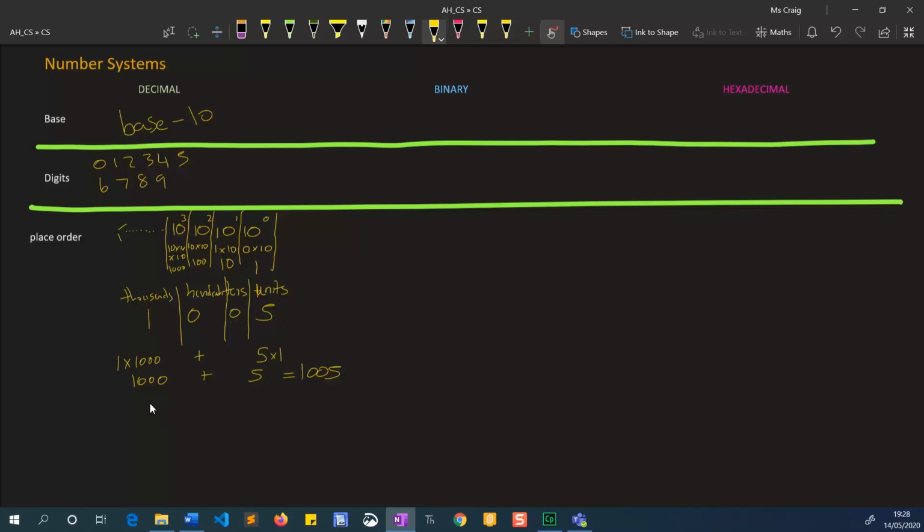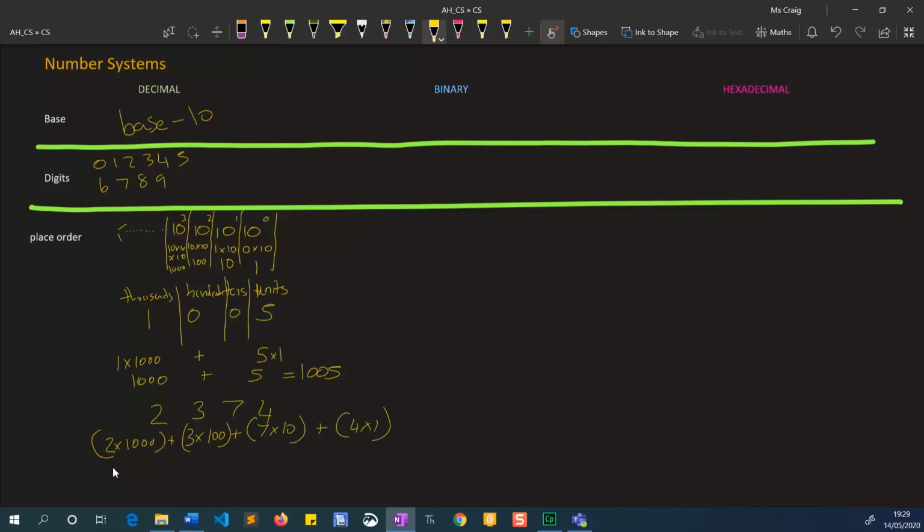If we take another number, for example, let's say 2,374. What's actually going on behind the scenes there is that's 2 times 1,000. Okay, I'm going to put it in brackets, plus 3 times 100, because this is the hundreds, plus 7 times 10 for the tens, plus 4 times 1.